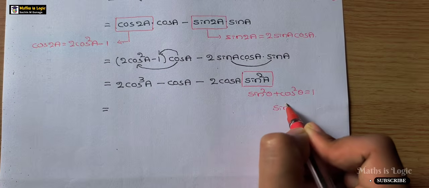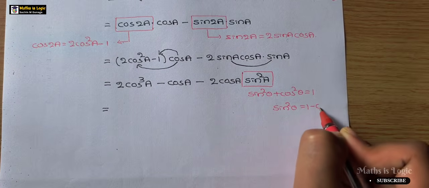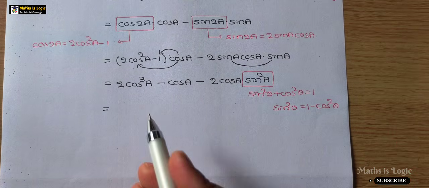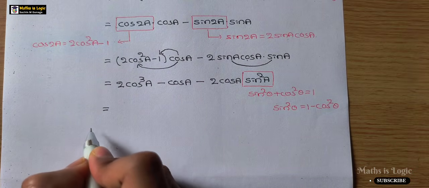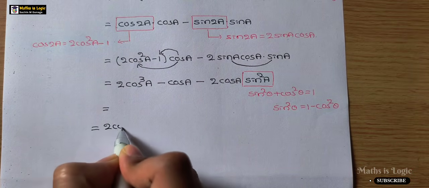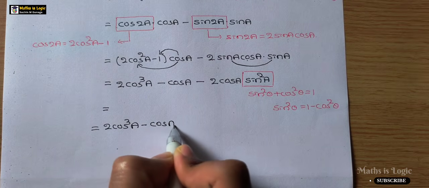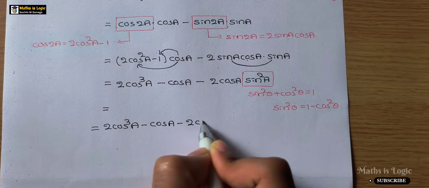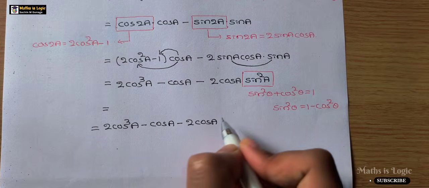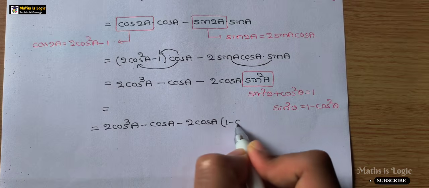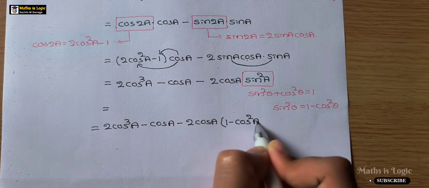Here sine square theta becomes 1 minus cos square theta. Correct? So replace. So which is equal to 2 times cos cube a minus cos a minus 2 cos a, keep it as it is. Next, replace sine square. Sine square means 1 minus cos square a.